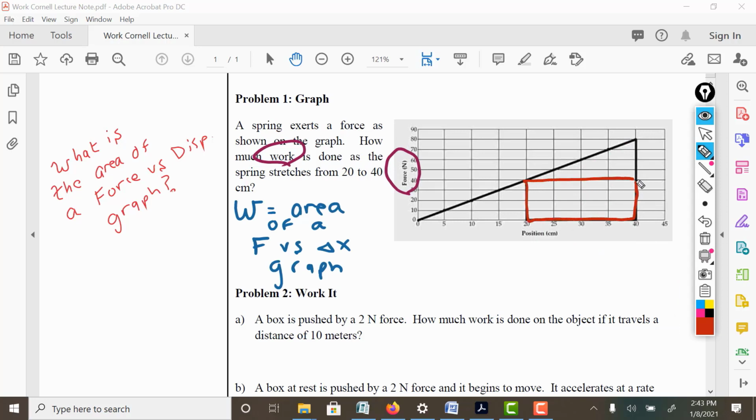This rectangle right here will be 40 newtons times 40 to 20 is 20 centimeters, but I need to convert this 20 centimeters into meters. It's going to be 0.20 meters. And then I have this triangle up here.